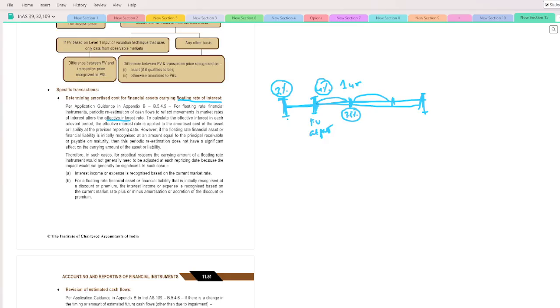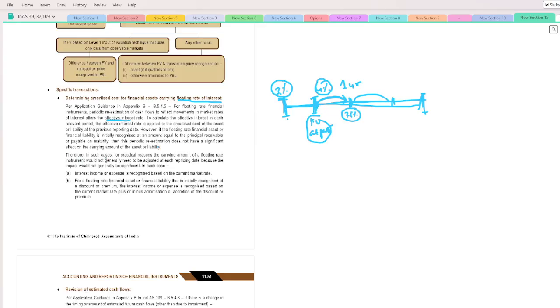Because whatever interest coupon you are taking, here it's 4%, the same interest you are using for the discounting purpose also. So when your numerator, that is the coupon, and your denominator, that is the discounting, both rates are the same, then obviously your fair value will be your par value. So this is what they are trying to say.